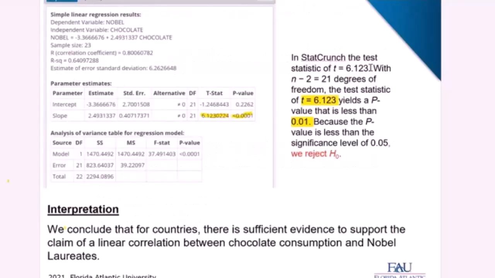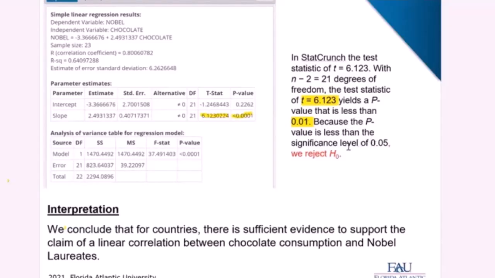Here is the output of StatCrunch. And we can see that our p-value is very small. The test statistic of t equals 6.123. To find the degrees of freedom, it's n-2. The test statistic of t equals 6.123 yields a p-value that is less than 0.01.